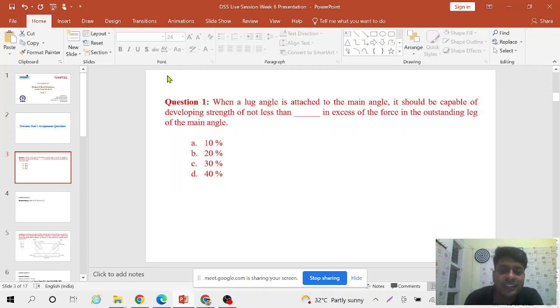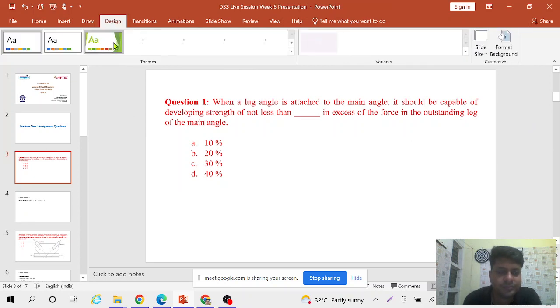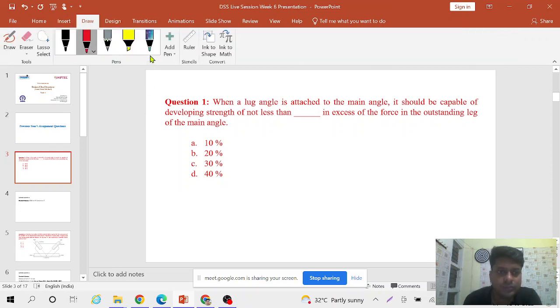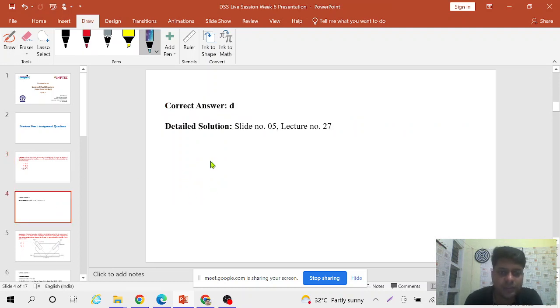Which option is correct? Option D, 40%. Yes, option D, 40% is the correct one.